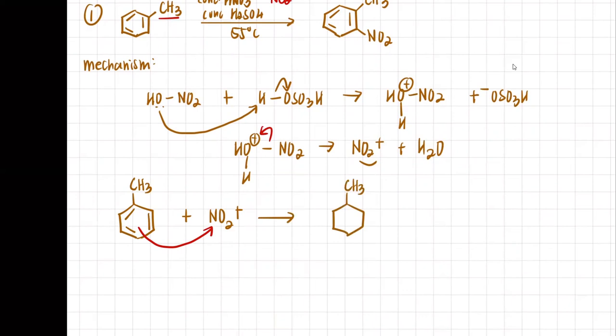And now your NO2 will go to the new site. In your case right now, this is an EDG, so it will prefer ortho or para. You choose either ortho or para for the NO2.